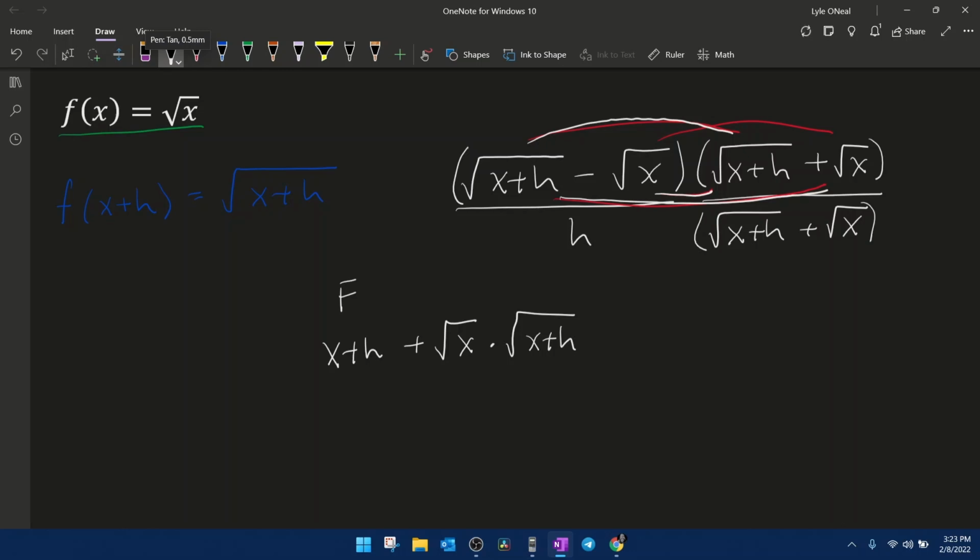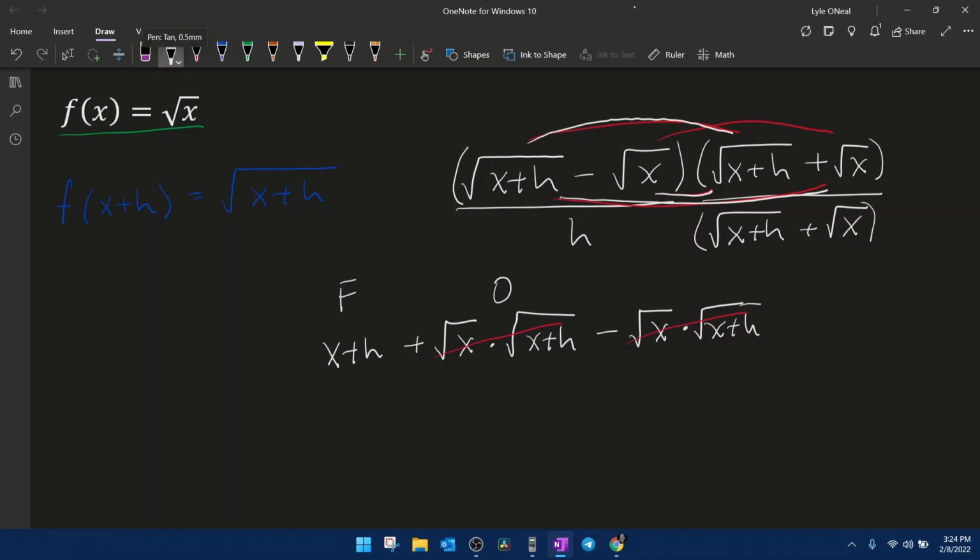Because on the inside, you're going to notice that we have a negative times a positive, which makes a negative square root of x times square root of x plus h. And now you can see the magic of using the conjugate, because what we have here are like terms with opposite signs. Notice that those are going to cancel.